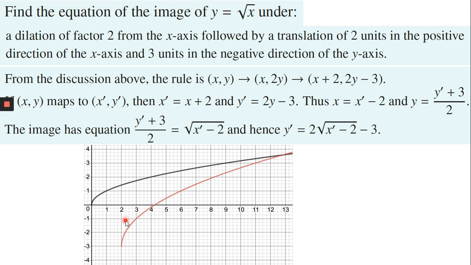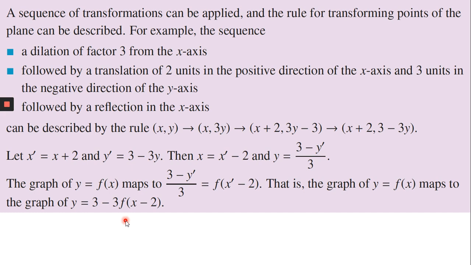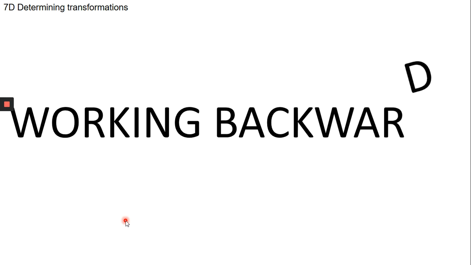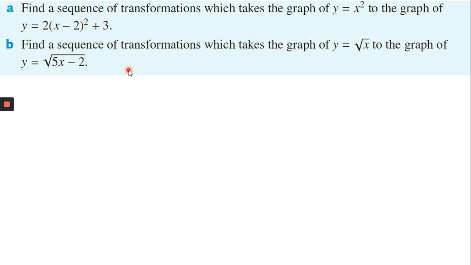More difficult to see. There's some notes for us, and there's determining transformations. So this just means working backwards. Find a sequence of translations which takes the graph of that to the graph of that.